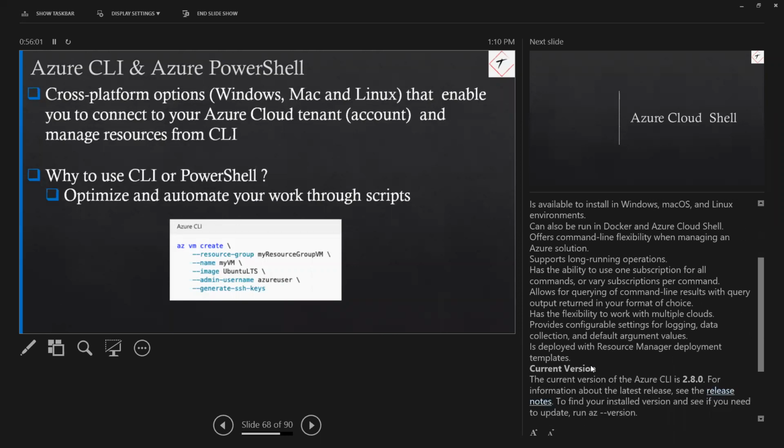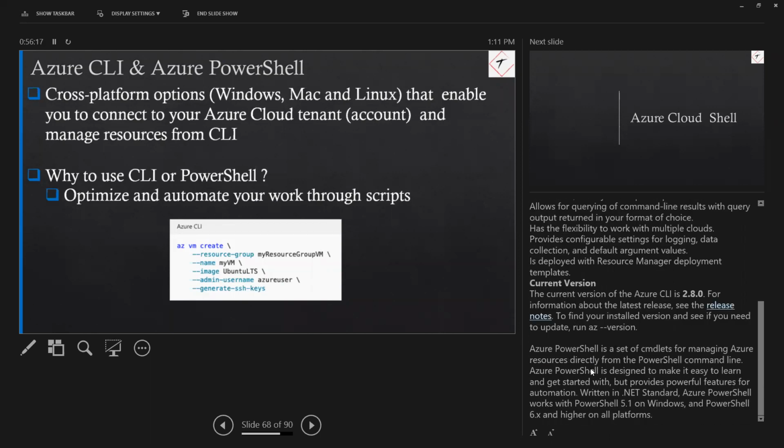It has the ability to use one subscription for all commands, or vary subscriptions for commands, and allows for querying, with command line query output returned in the format of your choice. So it's basically very flexible, and you can make use of this and implement a lot of automations as well using CLI.